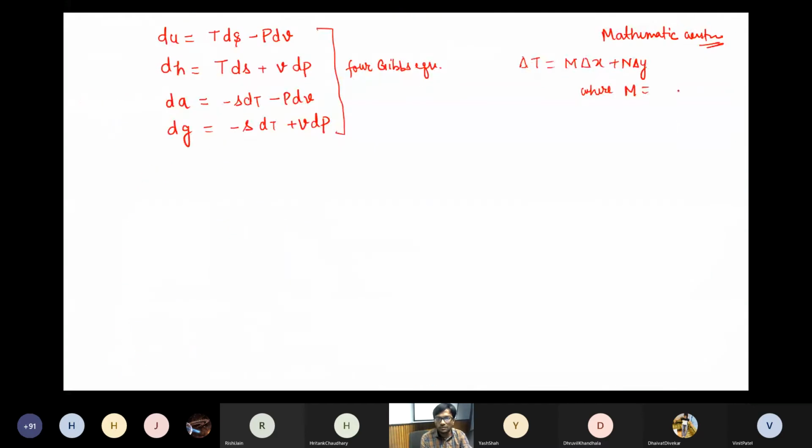Mathematically we have shown that. So this property holds where M and N relate to each other in this manner: ∂M/∂y equals ∂N/∂x.